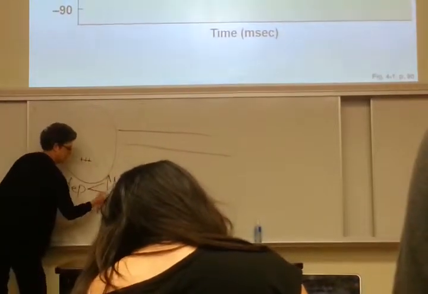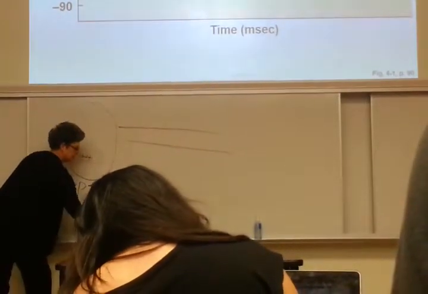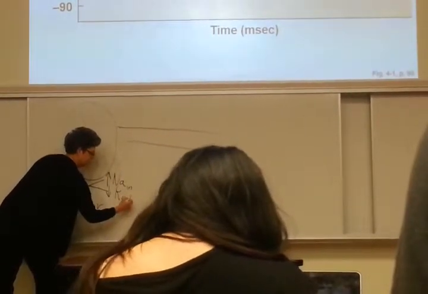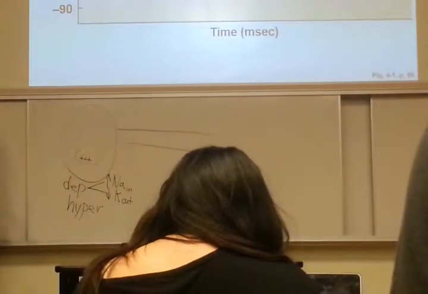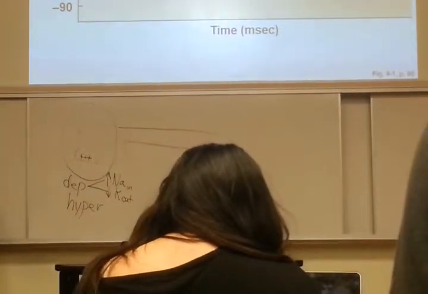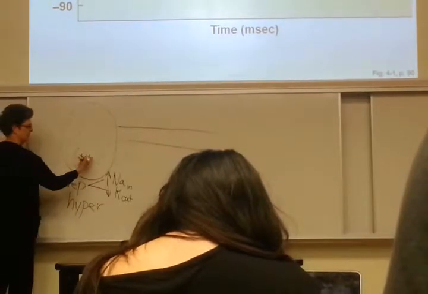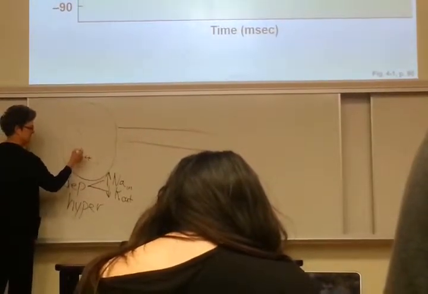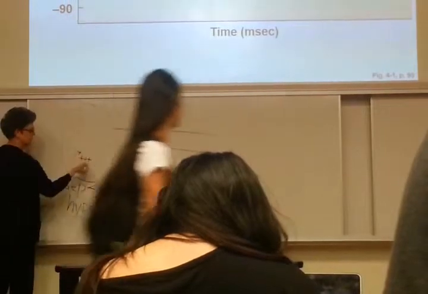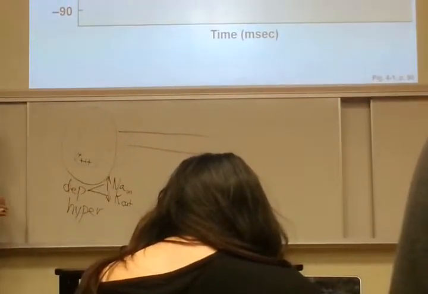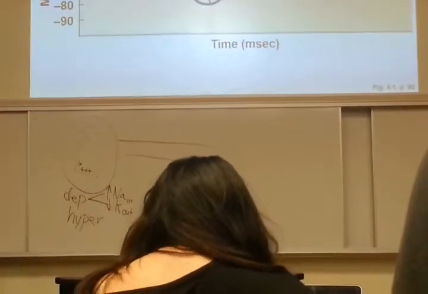If you decrease potassium leaving the cell and the ATPase is pumping it back into the cell, then you get positive charges not leaving plus re-entering via the ATPase. You get a depolarizing graded potential.